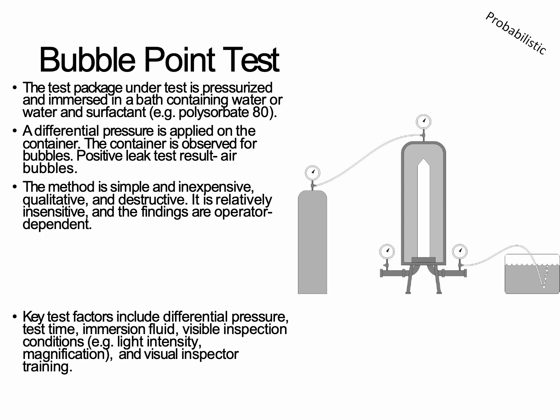Now a differential pressure is applied on the container. The container is observed for bubbles, so a positive leak test results in air bubbles. Again, as you see, we are not using instrumentation. It's not a sensitive test, and it may have a high risk, but this is a probabilistic test that we can perform for this type of product.